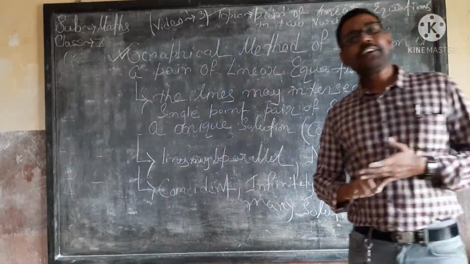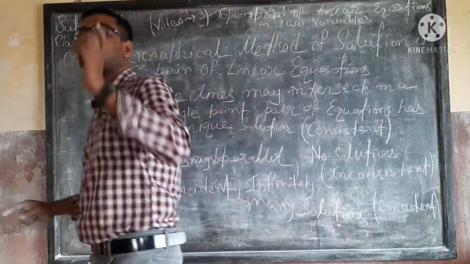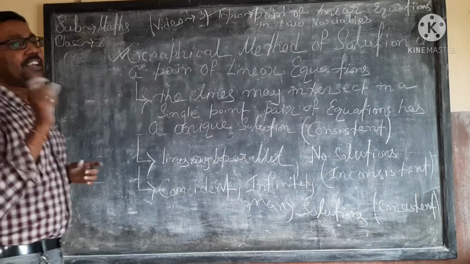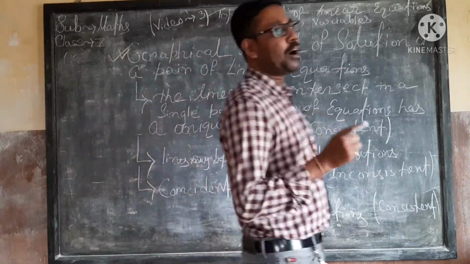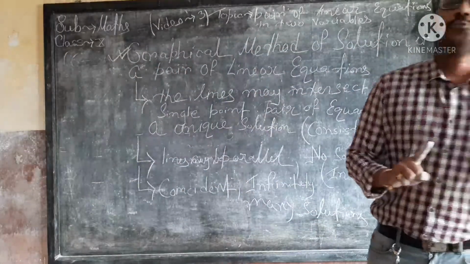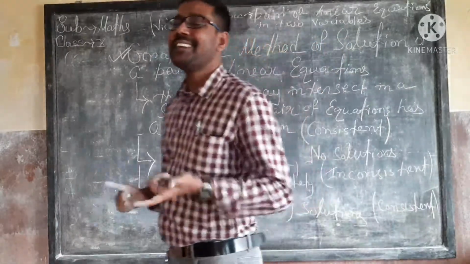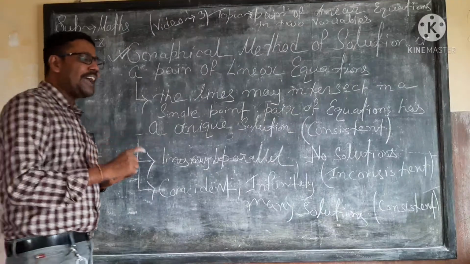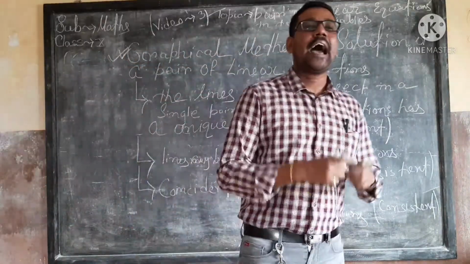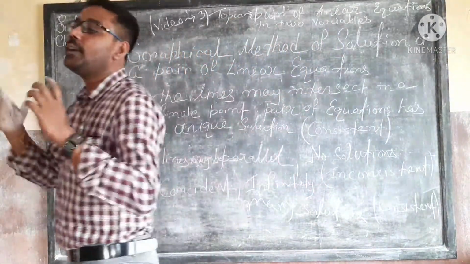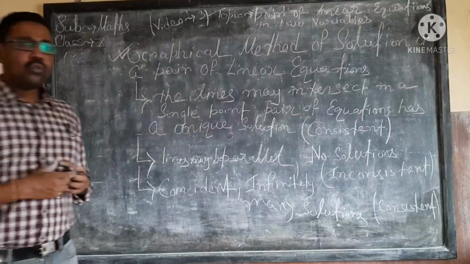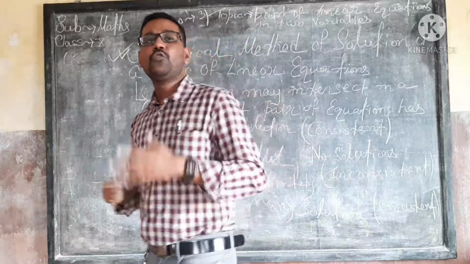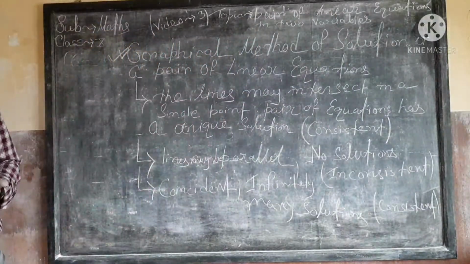For the graphical form, three possibilities also arise. The first one, the two lines intersect each other. Second possibility, the two lines are parallel to each other, and the third one is the two lines are coincident, that means they overlap each other.